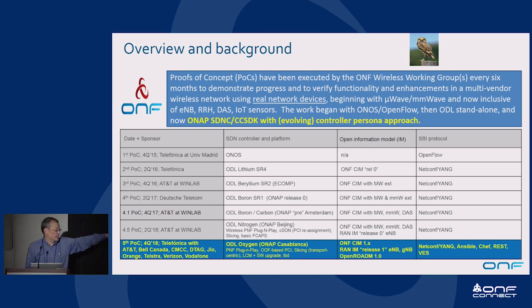That was a second quarter this year proof of concept held at AT&T, sponsored at WinLab in New Jersey. And then this most recent one in the yellow or gold lettering was ODL Oxygen and ONAP Casablanca.